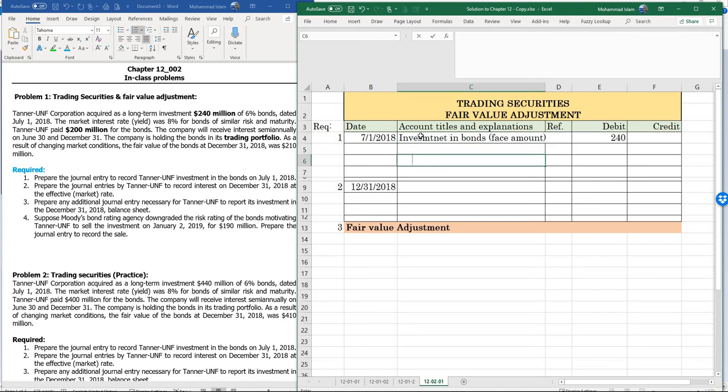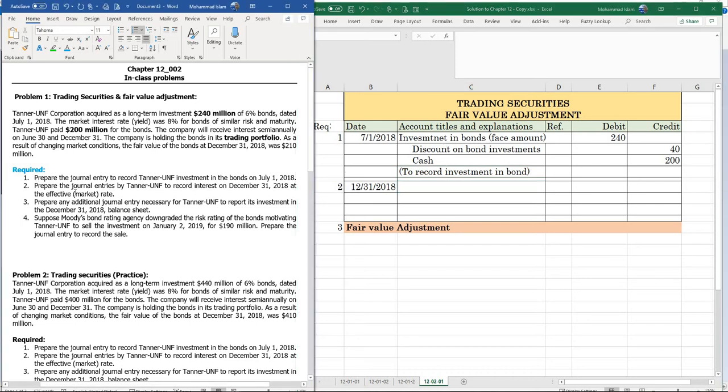They paid only 200 million, and the difference is the discount on bond investments. So let's write it down: discount on bond investments. So that is how we record the investment in bonds.